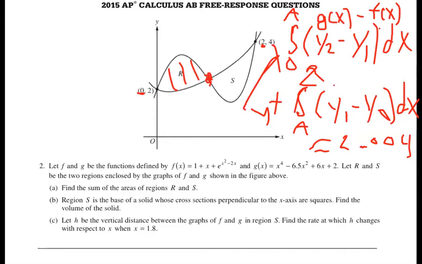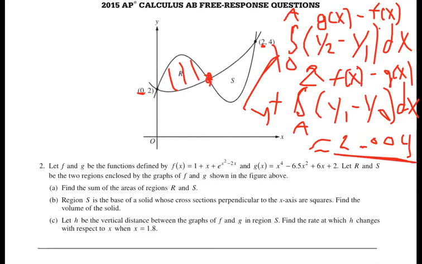And then down here, this would be f of x minus g of x. You'd write that down instead of the y's, unless you told the person that y sub 2 equals g of x and y sub 1 equals f of x. But in your calculator, you're going to use the y's. So that's part A, worth 4 points. You get 1 point also for having that answer, 2.004.